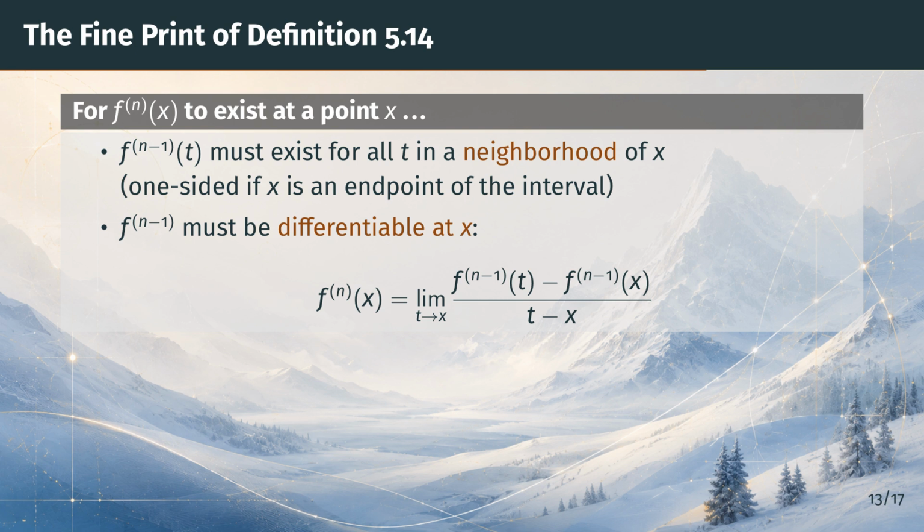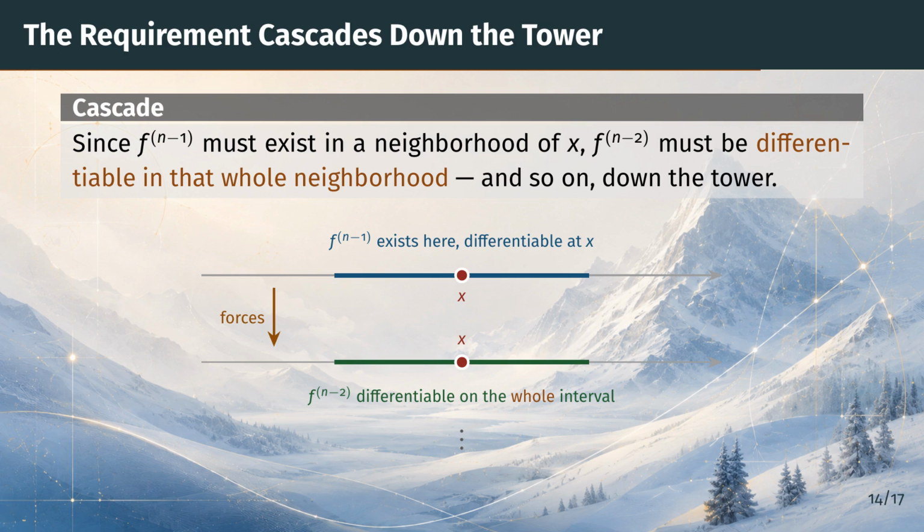So both ingredients matter: existence of the previous derivative on a neighborhood, and differentiability of that previous derivative at the point itself. But notice that the first requirement quietly reaches even further down the tower. Watch how the requirement propagates. The top number line shows the neighborhood of x, drawn in blue, where the derivative of order n minus 1 must exist, with the point x marked in red.